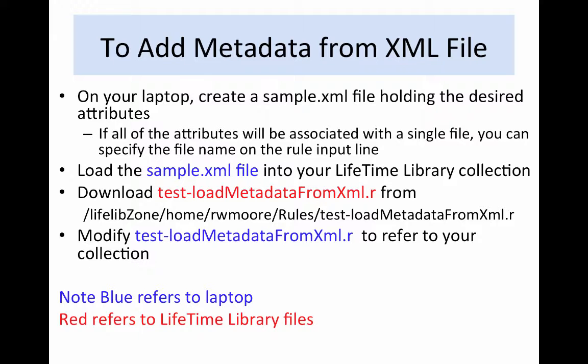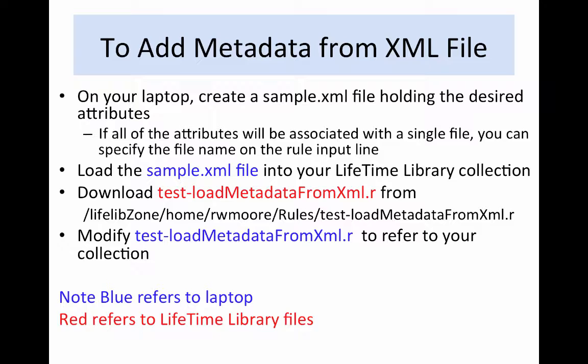To automate loading of metadata using the XML schema, execute the following steps. On your laptop, create an XML file holding the desired attributes that is called sample.xml. If all of the attributes will be associated with a single file in the data grid, you can specify the iRODS file name on the rule input line when you process the sample.xml file.